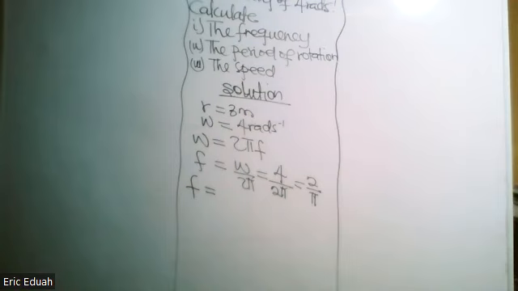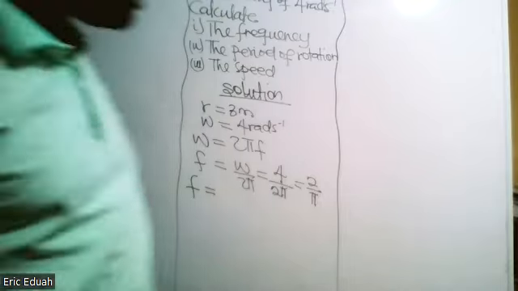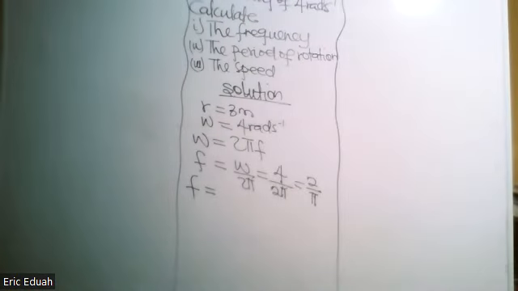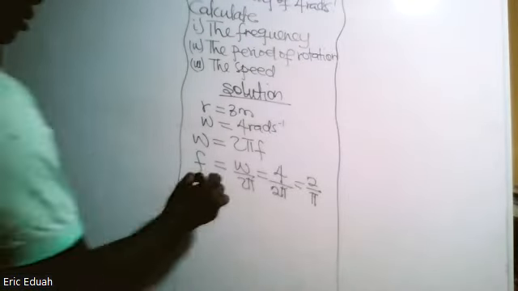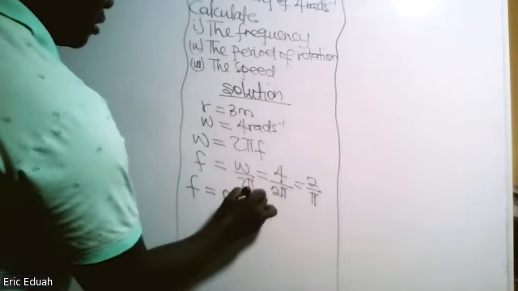Did you say find 2 over pi? Yes. What is 2 divided by pi? So approximately, 0.636.